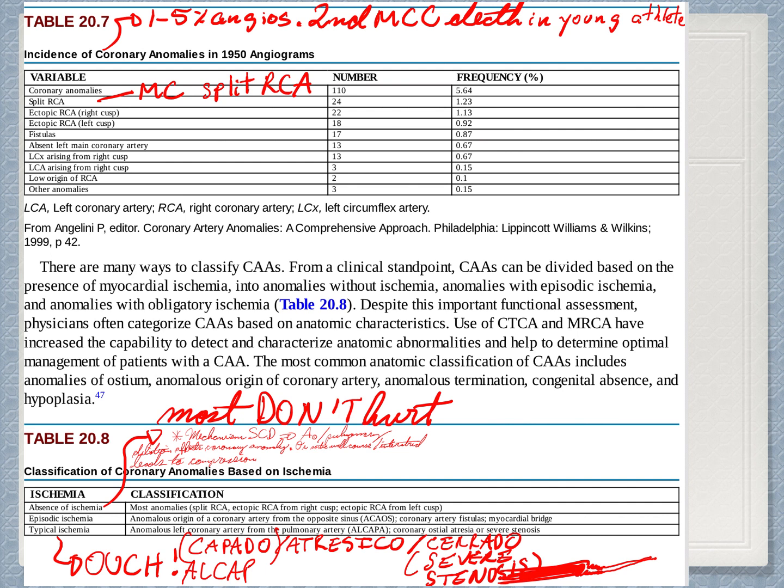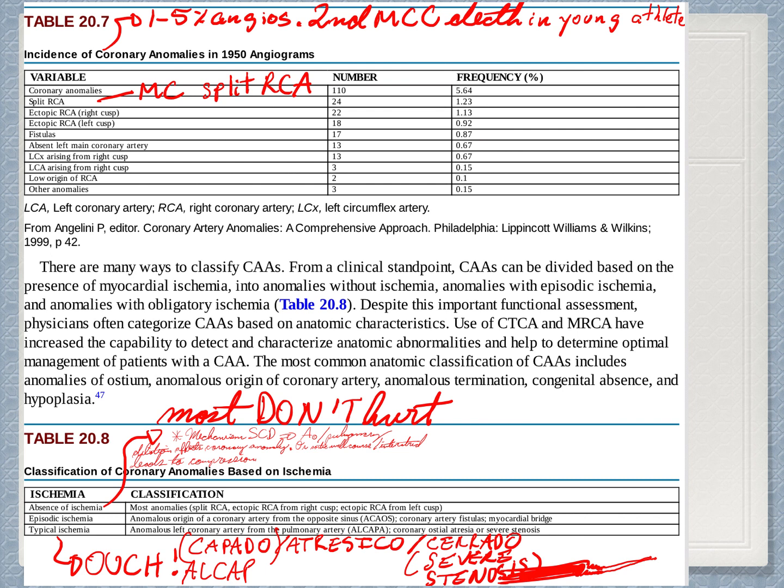The mechanism with which they could produce sudden cardiac death is when there's aortic or pulmonary dilation, which affects the coronary anomaly, which may produce a distension, or may produce an altered position in general.